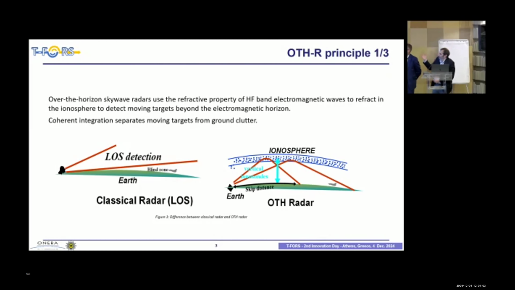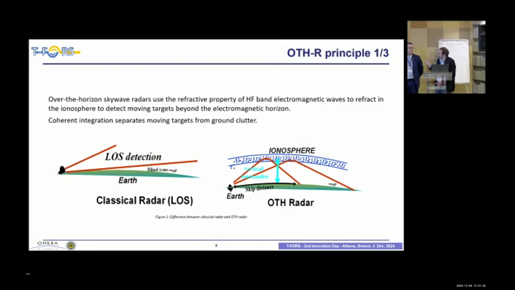So it allows us to monitor areas which are beyond the classical line of sight of radar. So this is a very powerful capability. There are also some drawbacks, of course, but it's powerful and it was primarily designed especially for early warning capability, especially for ballistic missile launches and such kind of big objects.